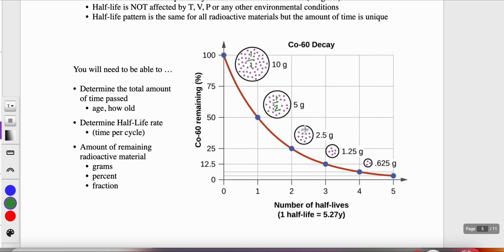So now only 1/4 of the original sample remains radioactive. And it continues on. So at the end of cycle 3, now only 1/8 of the mass is still radioactive. And at the end of cycle 4, only 1/16 of the original mass is radioactive.